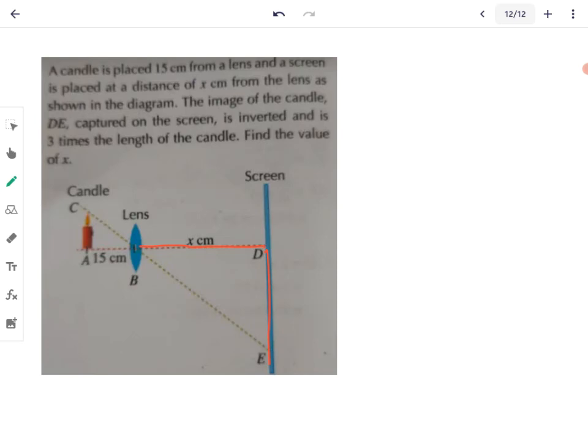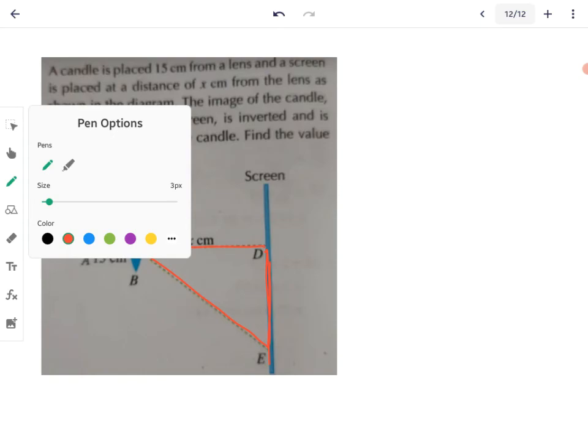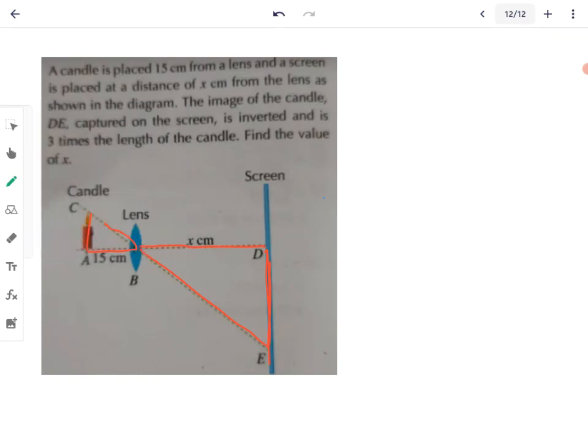Okay. So what we're going to do is set up a ratio first. So imagine that you have this triangle and you have this triangle. Okay. So the corresponding sides are this one. We can set up a ratio for this side, the image of the candle, and the candle itself.